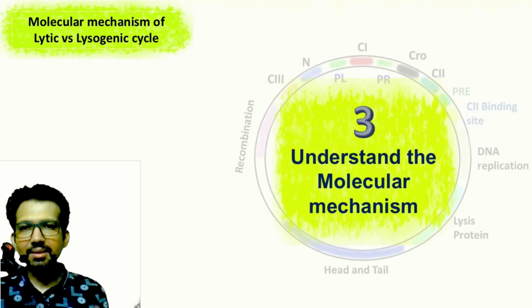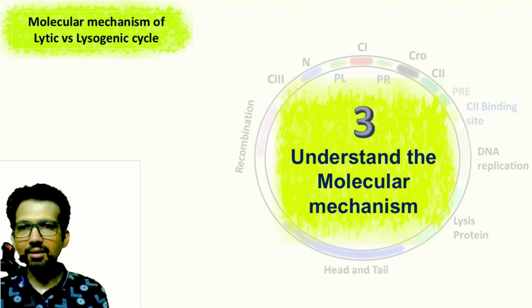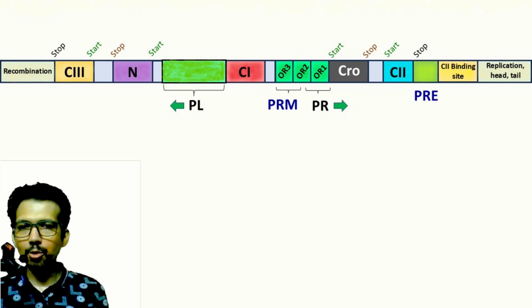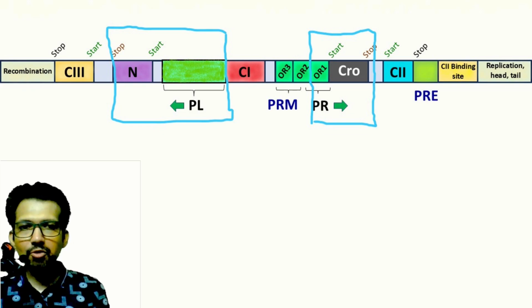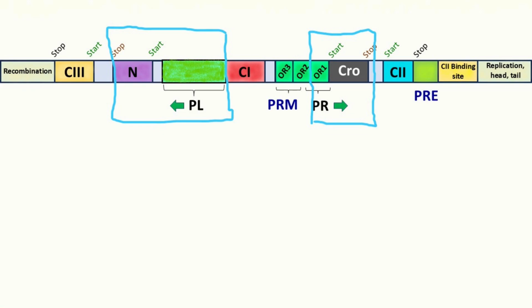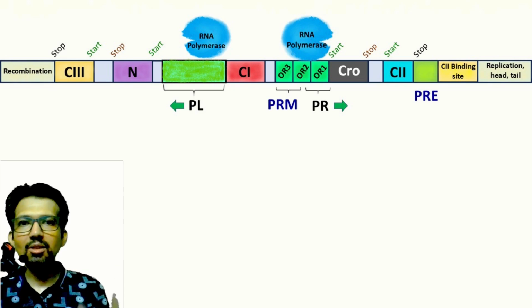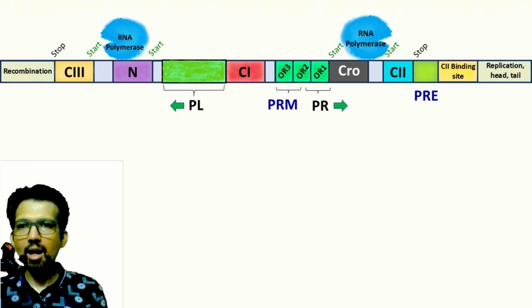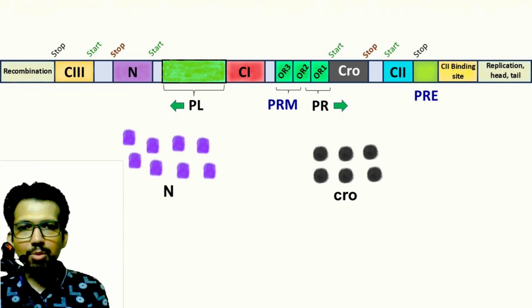Now let's see step by step what happens when the lambda phage genome enters the host cell. Once inside the host, the two strong promoters PL and PR will begin the transcription of genes N and CRO. At the end of these genes, there are termination sequences, so the RNA polymerase will stop transcription. Once the proteins are translated from the mRNA, the N protein will act as an anti-terminator.